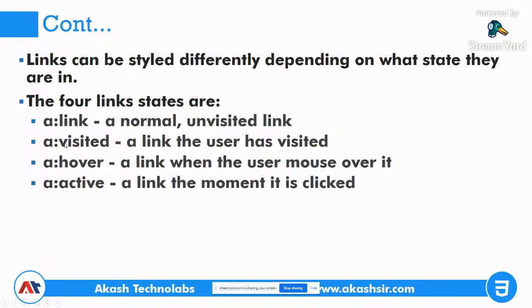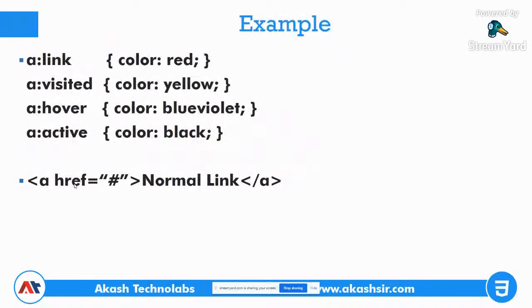So we can see a link has 4 different states: active link, visited link, hover, and the link when you click on it. You can specify different colors for each state. This is a basic example, right?